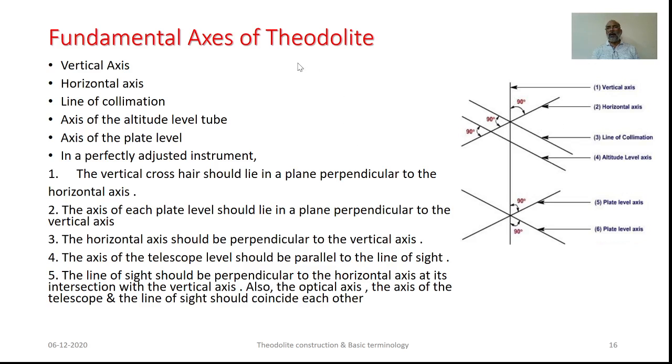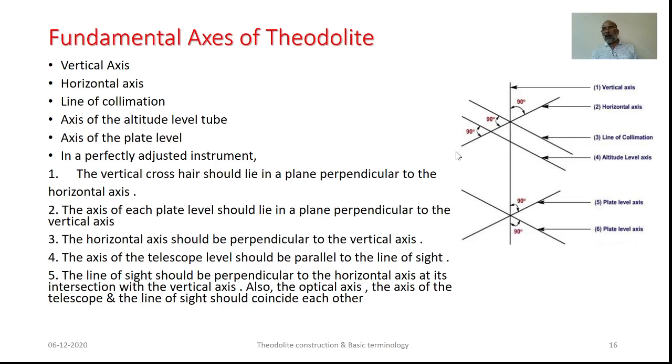Here, every theodolite is provided with a set of fundamental axes, which are termed the vertical axis, horizontal axis, line of collimation, axis of altitude level tube, and axis of plate level. This is the vertical axis of the equipment, about which the telescope rotates in the horizontal plane.